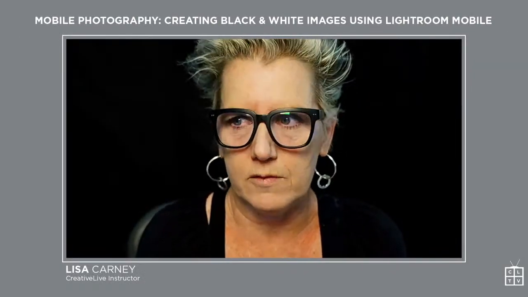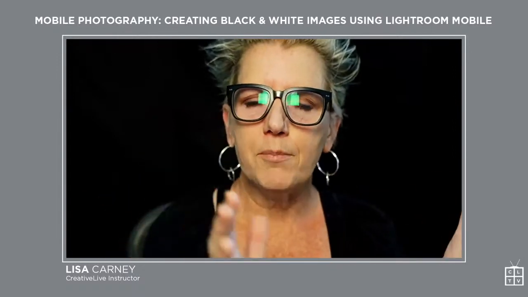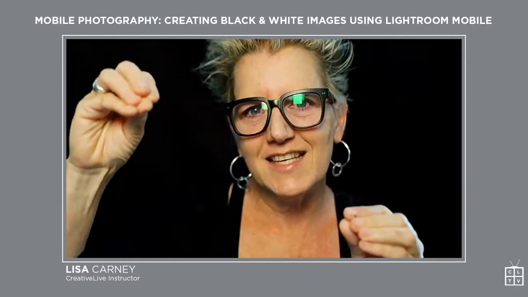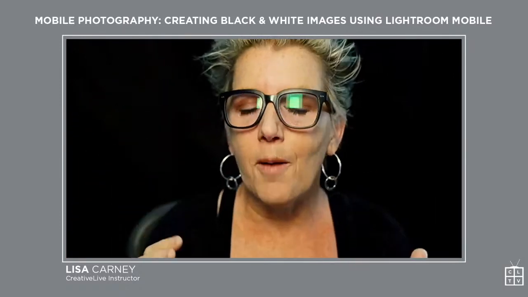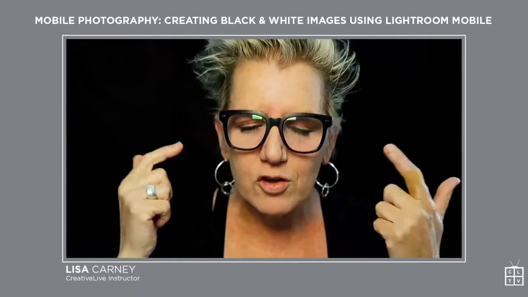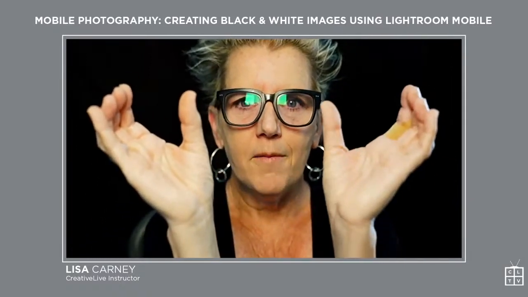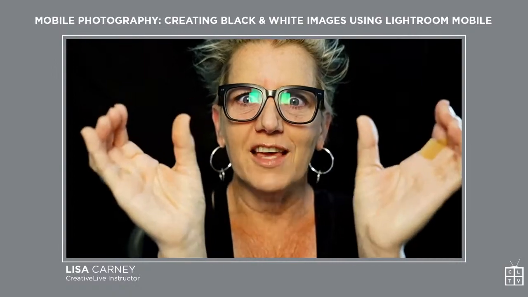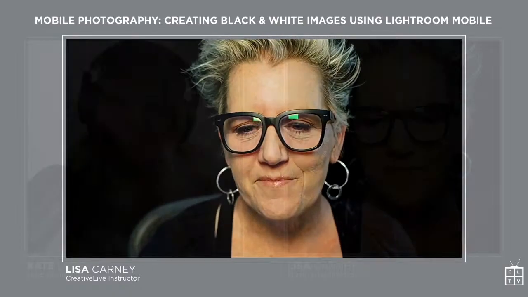Oh my God, his work is amazing. His blacks are all black, just black, and all his information is in his lights. So he has full detail in his lights, and they're amazing. If you looked at his histogram, everything's on the left side and the right side, and there's nothing in the middle. Nothing. It's fantastic. Oh, wow. Yeah, that's so cool.